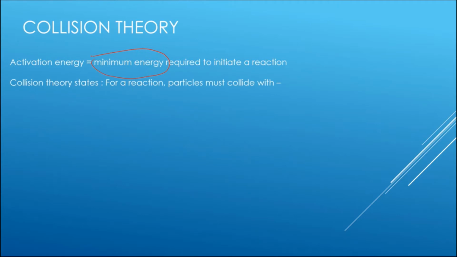The collision theory states that for a reaction to occur, particles must collide with enough activation energy, so they must at least have this minimum energy to initiate a reaction, as well as colliding with the correct orientation. Even if they have the right activation energy, if they're not in the correct orientation, the reaction won't go ahead.